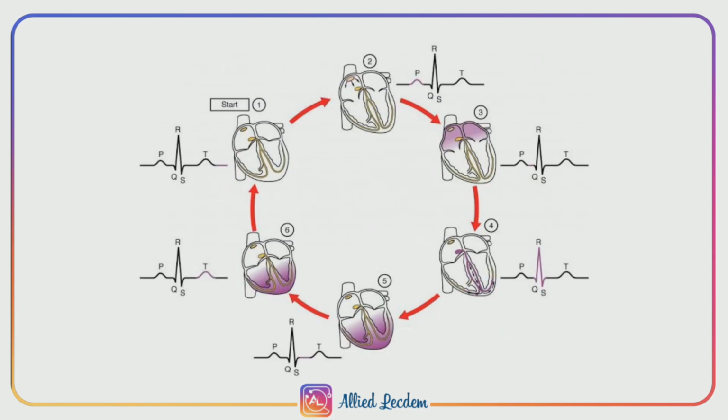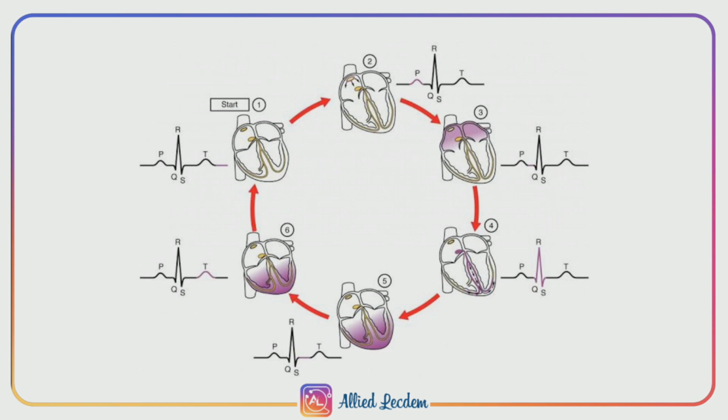Now we are going to correlate this with the ECG. In diagram 1, it denotes the beginning of impulse conduction. Coming to 2, the SA node and the atrial wall depolarize, which is reflected by the P wave. In 3, the atrial walls are completely depolarized and there is no change recorded in the ECG, reflected by the PR interval.